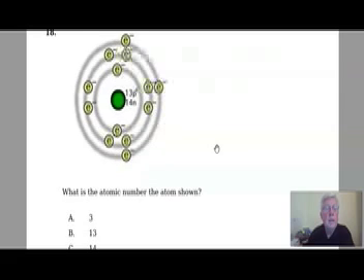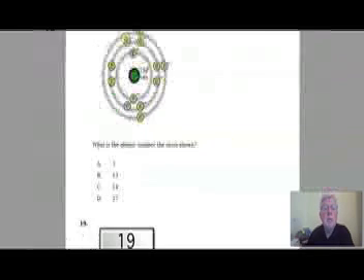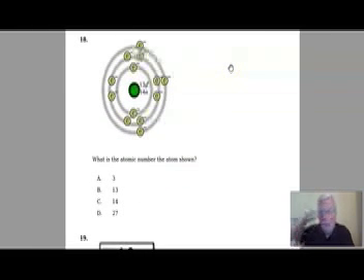All right, number 18. I'm going to have to make it a little smaller. Here we go. Again, I'm going to look all over this diagram before I look at the question. In the middle, it says it's got 13 protons and 14 neutrons. So if it has 13 protons, it should have 13 electrons.